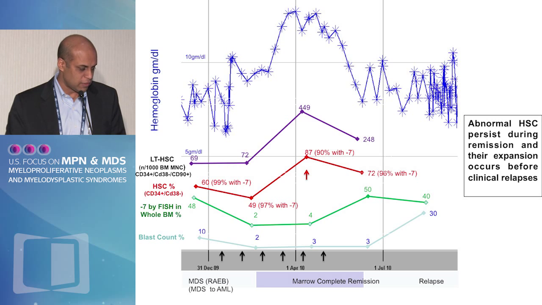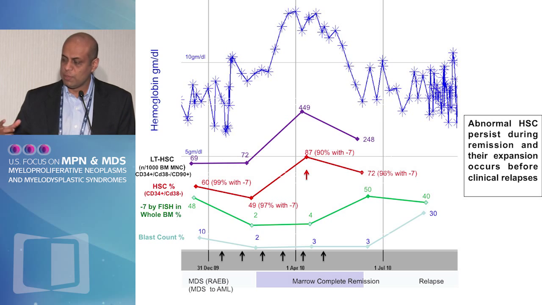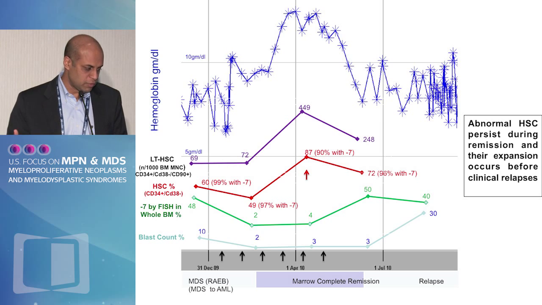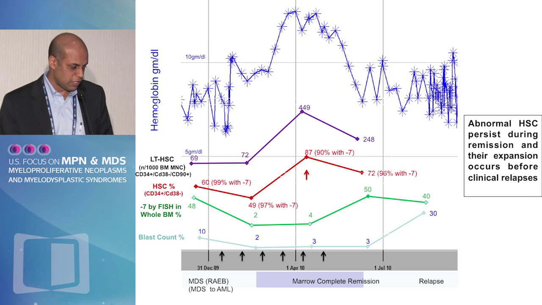You can see he was transfusion dependent. This is his hemoglobin profile. He started getting azacitidine, his hemoglobin rose, and he became transfusion independent. His blasts went down to 2%. So phenotypically, by pathology, we can say that he's in a clinical complete remission. At the same time, we were sorting his marrow cells, and if you look at his sorted stem cells, 99% of them had the deletion of chromosome 7 abnormality at presentation.